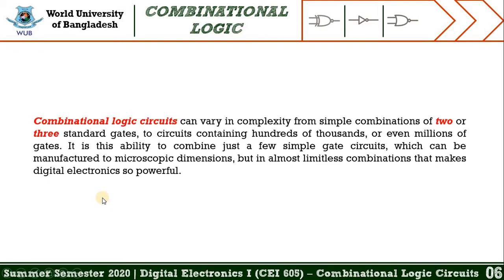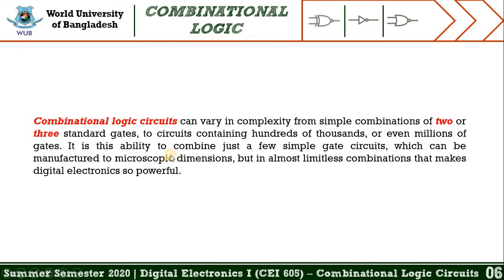Combinational logic circuits can vary in complexity from simple combinations of 2 or 3 standard gates, as we already saw in the previous slide, to circuits containing hundreds of thousands or even millions of gates.